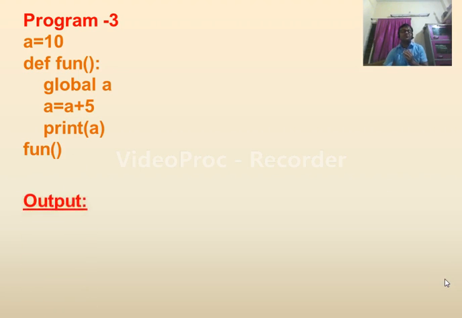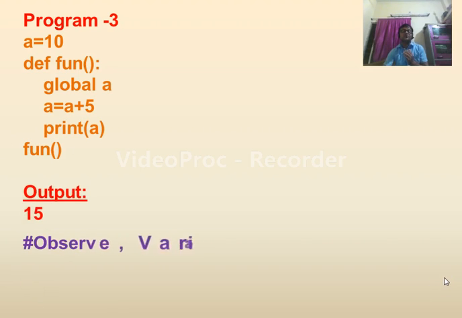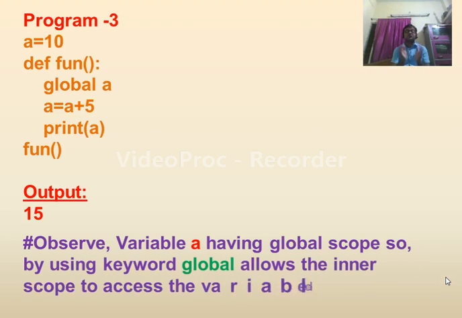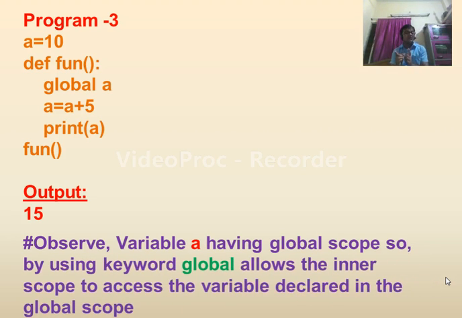The output will be 15. So what we observe is that variable a has global scope, and using the keyword global allows the inner scope to access the variable declared in the global scope. So how do we resolve this problem? A global variable is not accessible inside the block during calculation, so you provide access permission by using the global keyword.